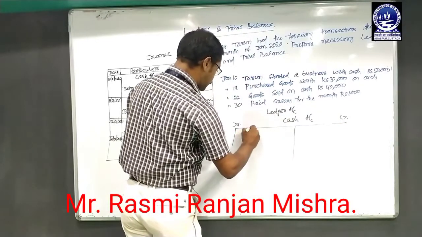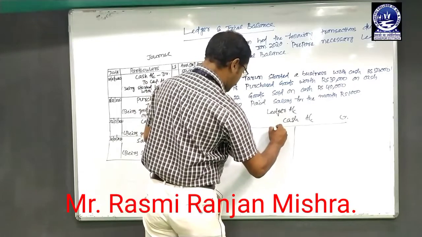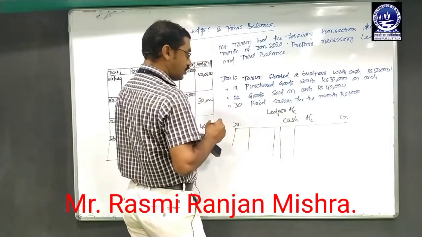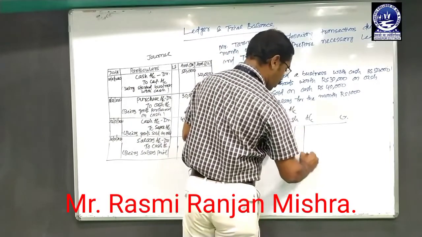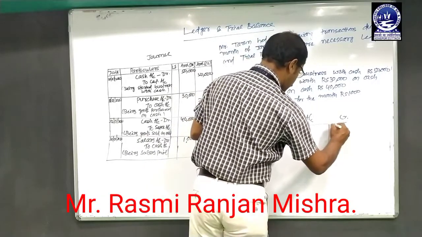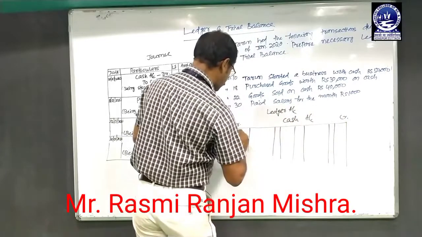In each side there are 4 columns. The first column, that is date, the second column, that is particulars, then the next one is your journal folio, and the fourth column is your amount column. Accordingly the right side is also 4 columns. The first one is date, the second one is your particulars, then the third one is your journal folio, and the fourth one is your amount column.